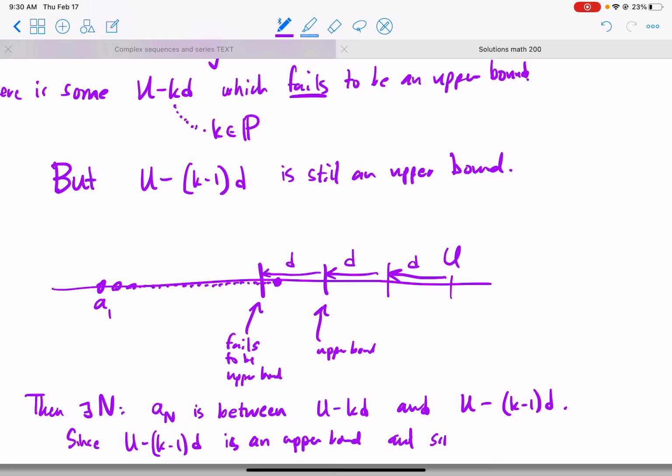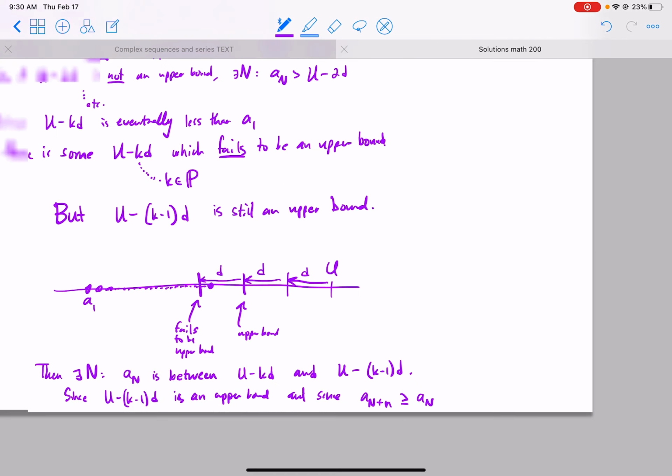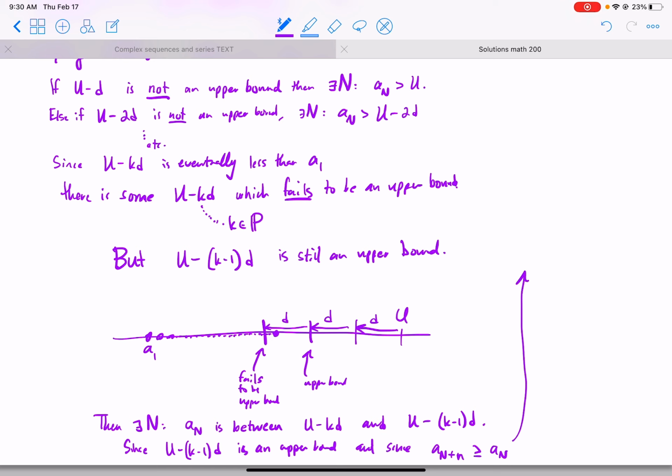And since a sub capital N plus n is always greater than or equal to a sub capital N, then all the rest of the a sub n's are within d of each other.